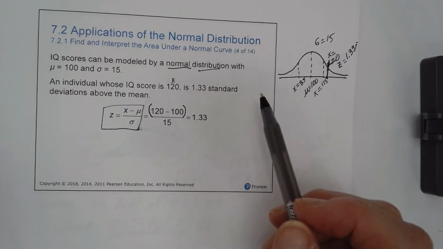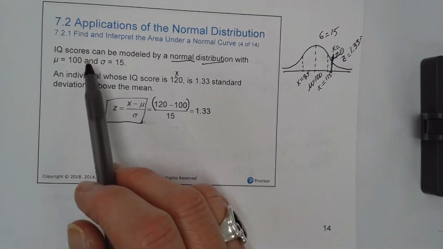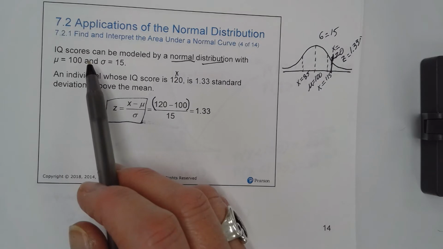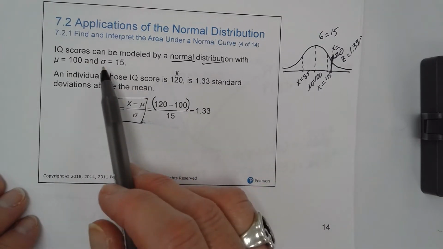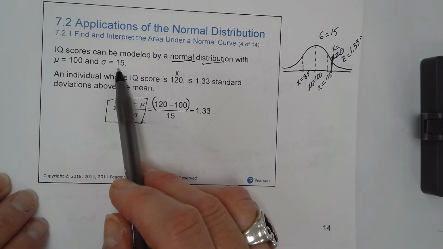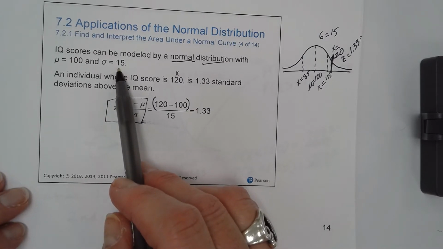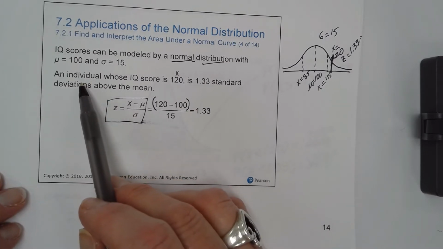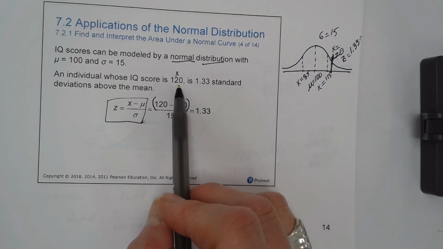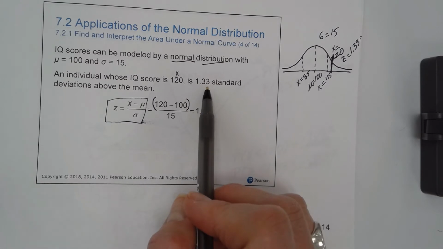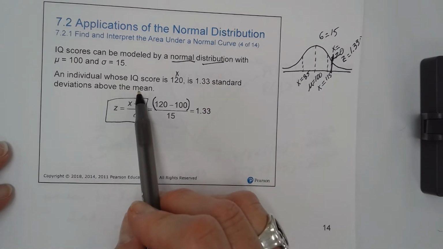All right, so here's an example. IQ scores can be modeled by a normal distribution with mean equals 100 and standard deviation equals 15. An individual whose IQ score is 120 is 1.33 standard deviations above the mean.